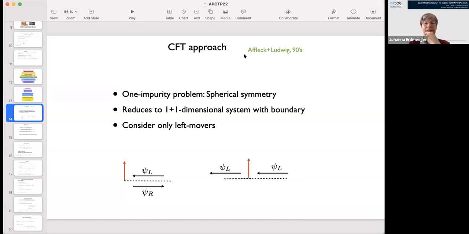And so first of all, one can reduce the problem to a 1+1 dimensional problem. This is due to the fact that if we have only one impurity sitting at the origin, then there's a spherical symmetry, and we can do the so-called S-wave approximation.